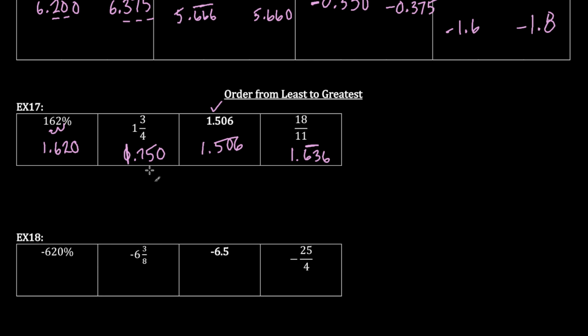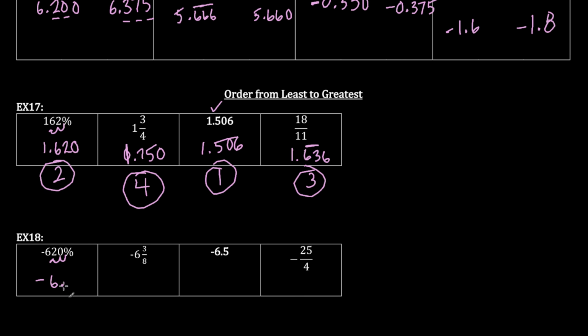So 620, 750, 506, 63, 63, 63. So this one is our first one, and then 620 looks next. And then 36 is next. And 750 is next.